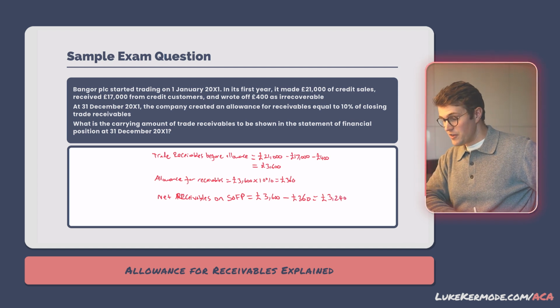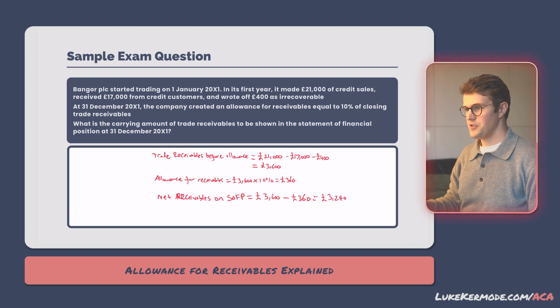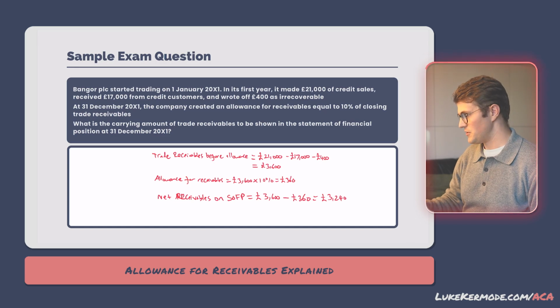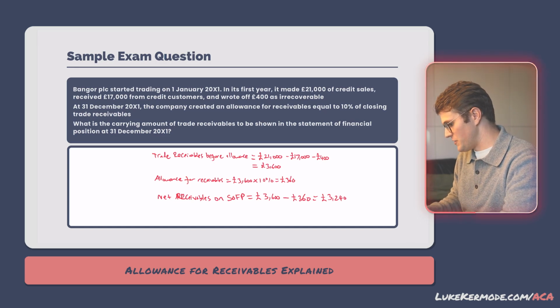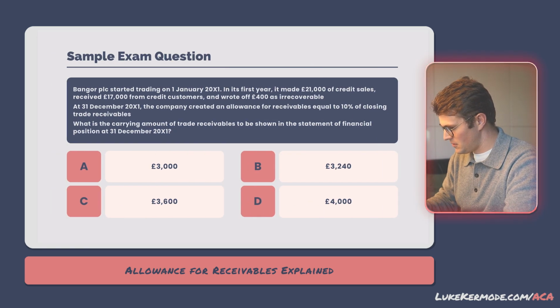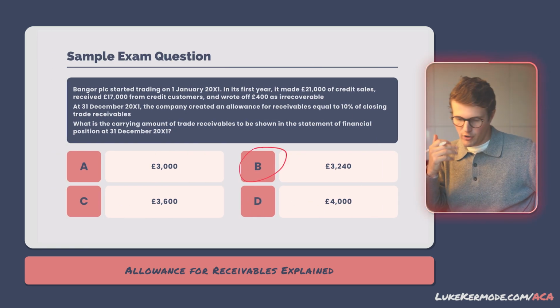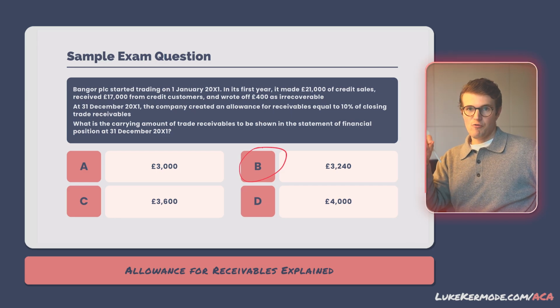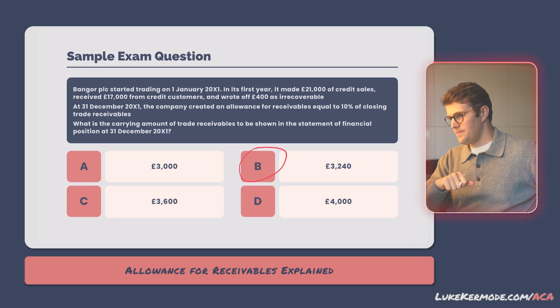So we take £3,600, we deduct the £360 allowance, which gives us net trade receivables to be presented on the balance sheet of £3,240, which is option B. So the correct answer would be, that's the net receivables figure that will appear on Bangor's balance sheet at year end.